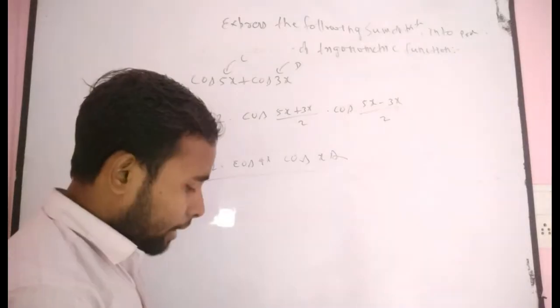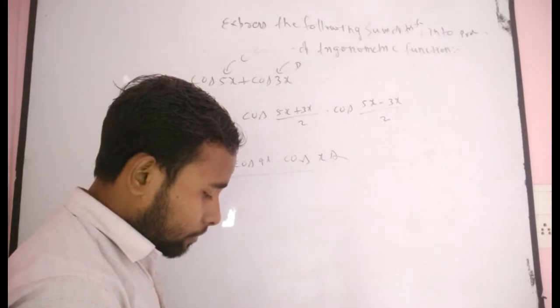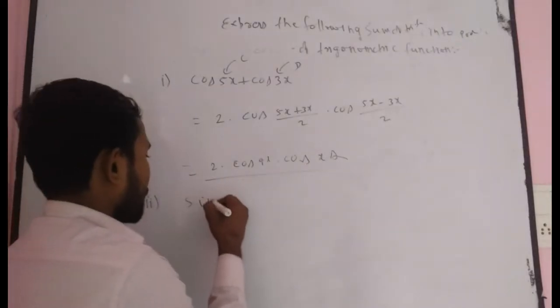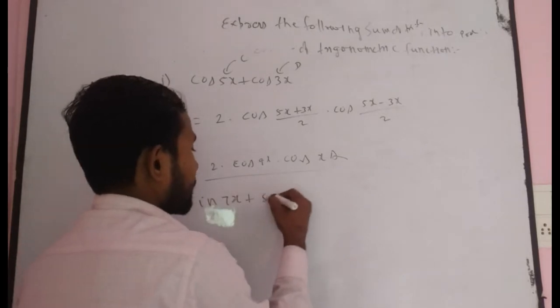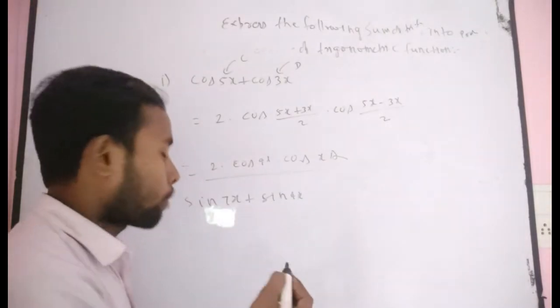In the next example, it is given that you have to convert sin 7x plus sin 4x into a product of two trigonometric functions.